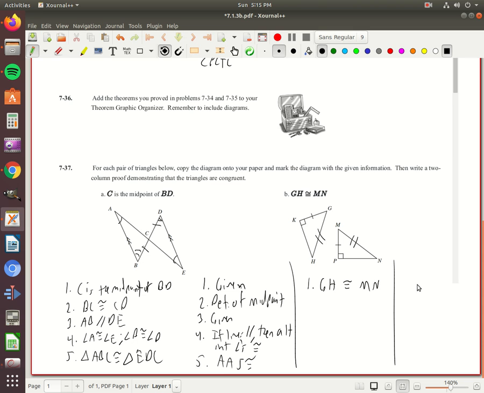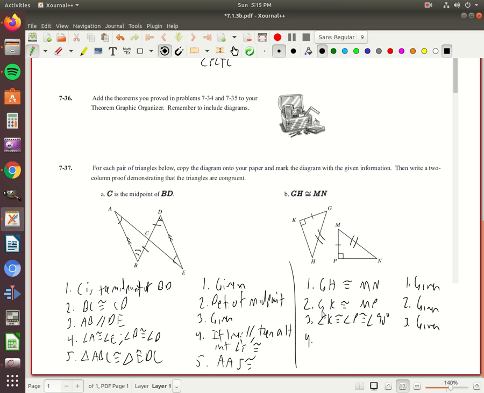I know that's true because it's given. I'm going to say that GK is congruent to MP. I know that that's given. I'm going to say that angle K is congruent to angle P is congruent to 90 degrees, because that is given. And now it looks like I have hypotenuse leg, right?